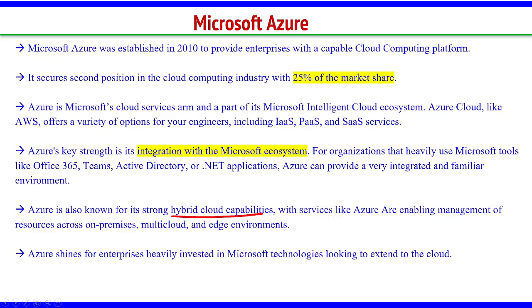It means you can have private and public cloud both. Some data you can put on your local machine, some data you can put in the Azure cloud. So it supports that facility of having a hybrid cloud. Okay, it is possible, right?